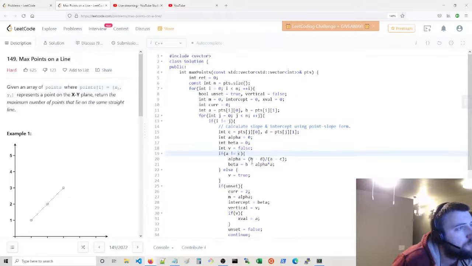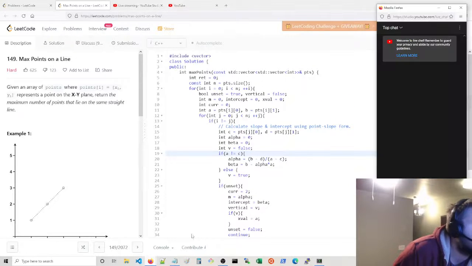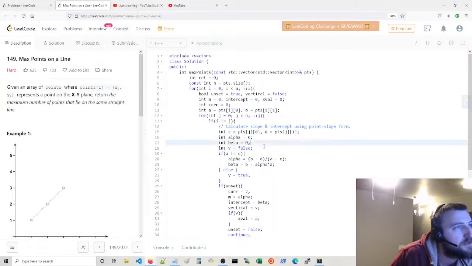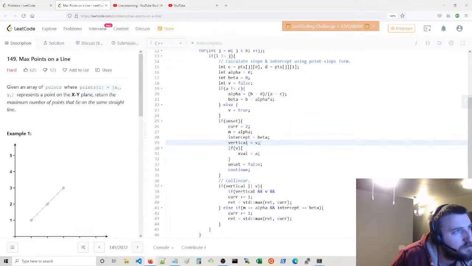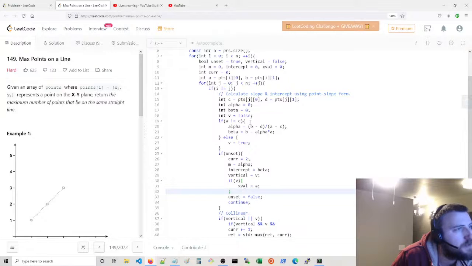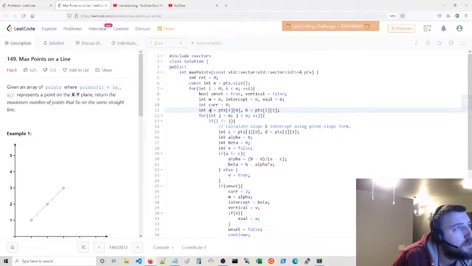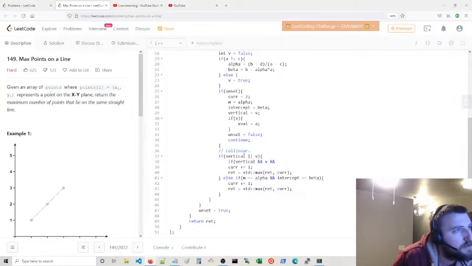I think I'm doing this wrong, potentially making this more complicated than it needs to be, but that's okay. We'll go from here. So vertical false, A is not equal to C, vertical true. If it's unset, so vertical to V. If you are vertical, then set x value to A. Actually, if you're vertical, you're really just checking A against X, A against C. That's all it comes down to.